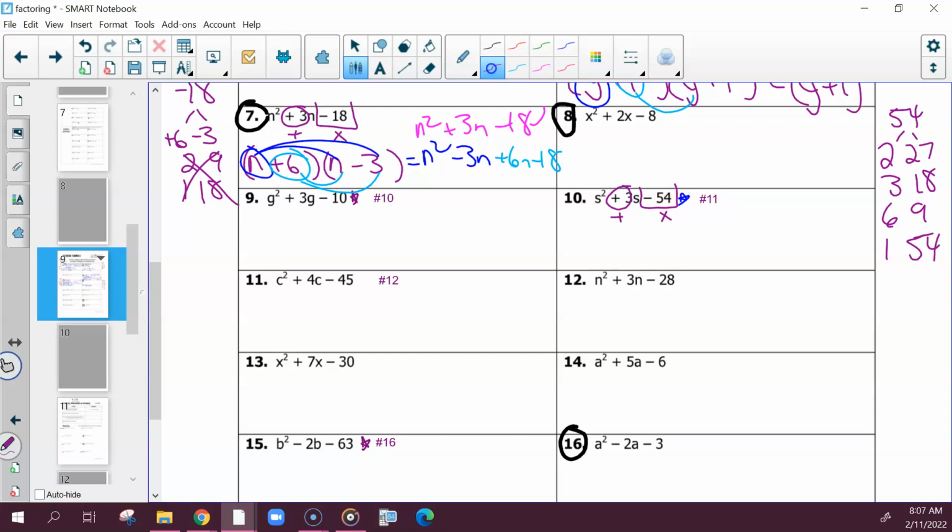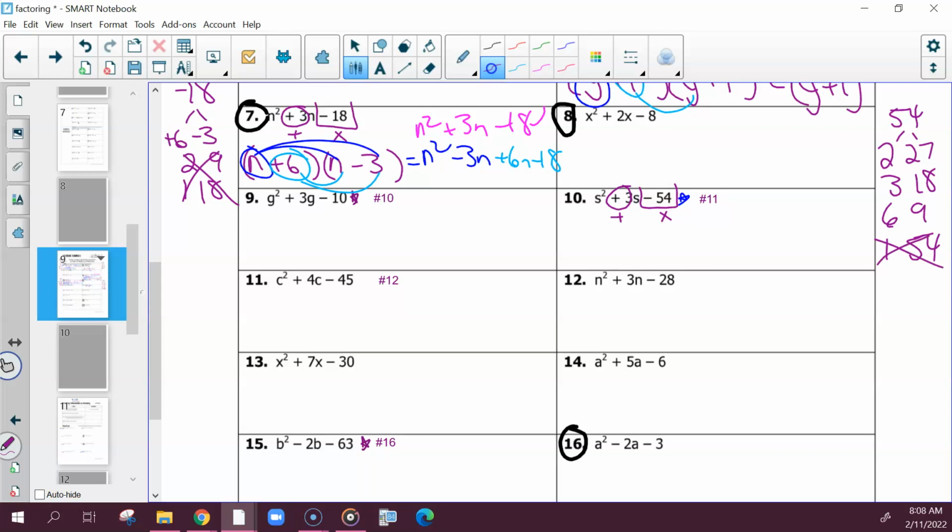There are also some ones when you do this that you could eliminate easily. No matter how I make 1 and 54, if I make one of them negative, doesn't matter the way I do that, they're not going to equal 3 regardless. They're way too far apart. So I can get rid of those.